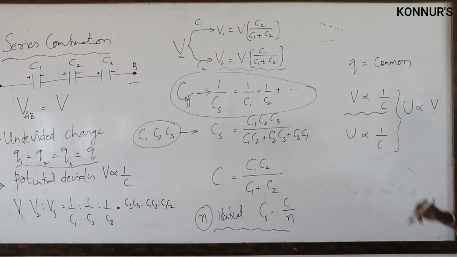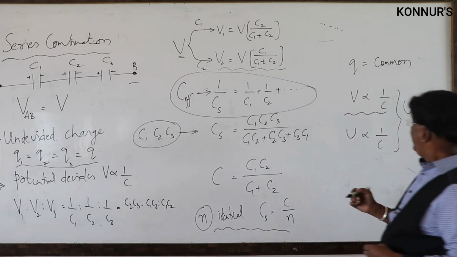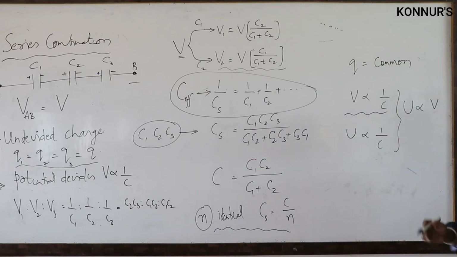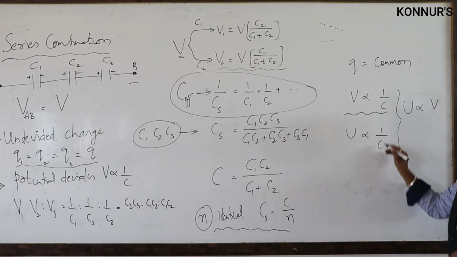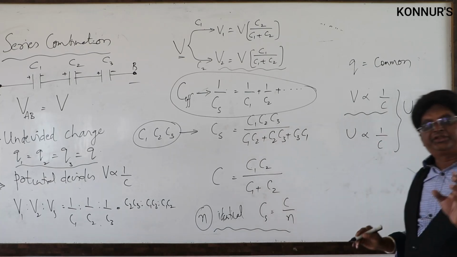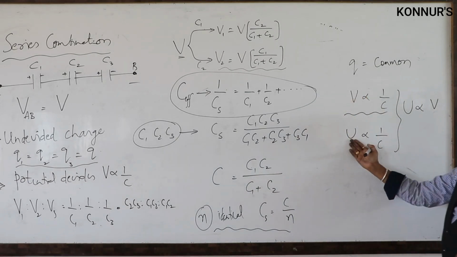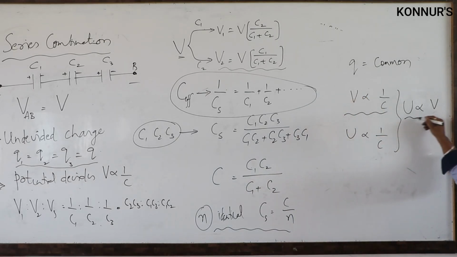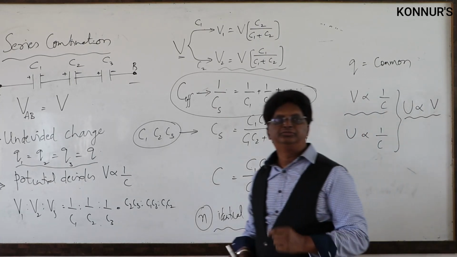Whereas potential division, V proportional to 1 by C, V1, V2, V3 ratio. And now, interestingly, if the energy divides among the capacitors, then U is proportional to 1 by C, inverse ratio. The lesser capacity capacitor will acquire more energy. So potential and energy are both in the same ratio in the case of series combination.